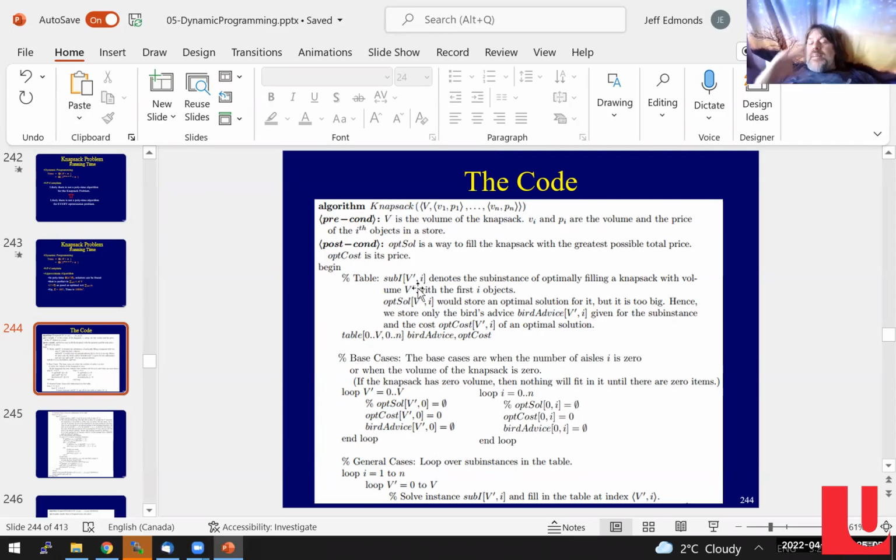And when I talk about turning things around, forward, backwards, that gets all very confusing. What I mean by it is when we write down the sub-instances, we want to write it down in a way that's as user-friendly as possible, right? So it's user-friendly because I'm talking about the first I objects, not the last I object, right?